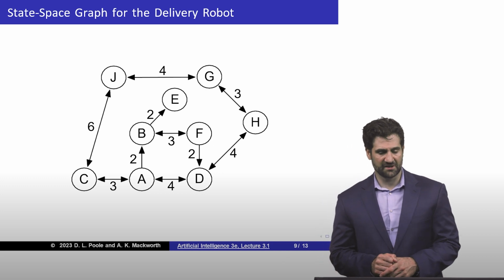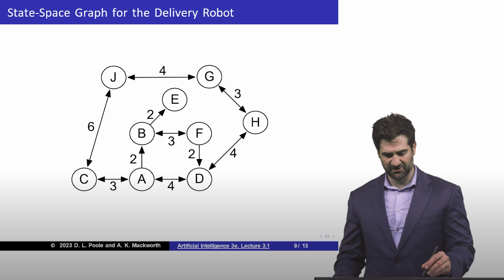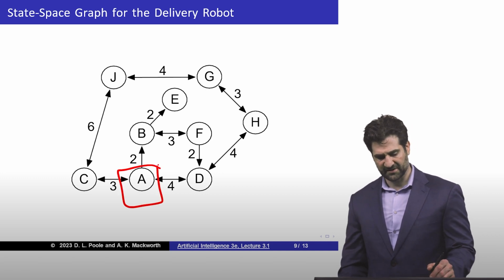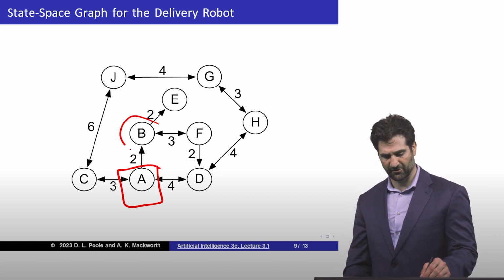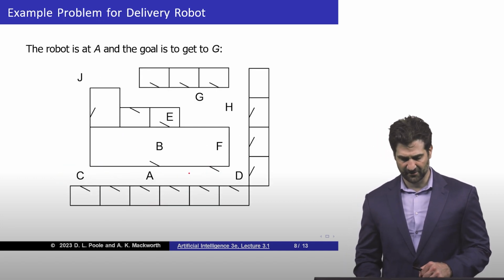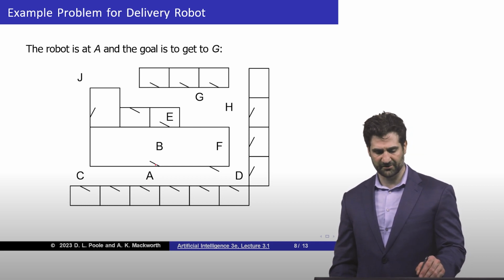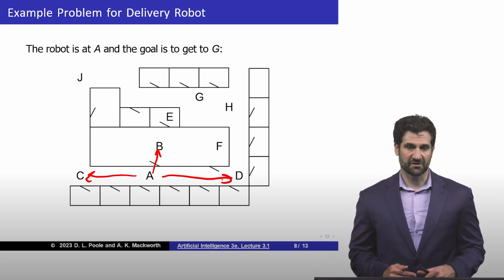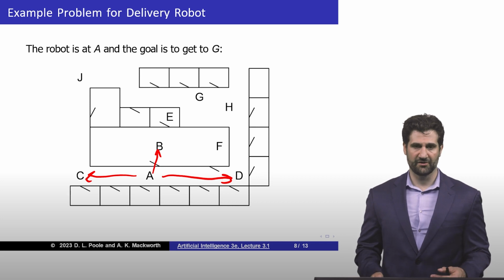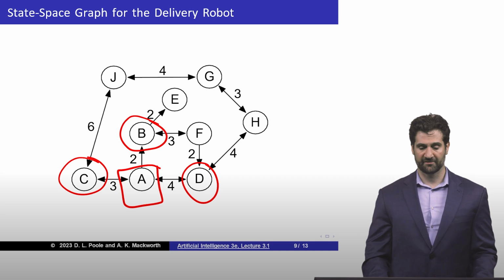We can see that the robot at location A, which is initial here, has neighbors, and I'll do circles, B, C, and D. So let's go back and look at the diagram. There's A, and it can go through, this looks like a door here, it can go to B, it can go to C, and it can go to D. And so simply repeating this process for all the nodes gets us this state space graph.